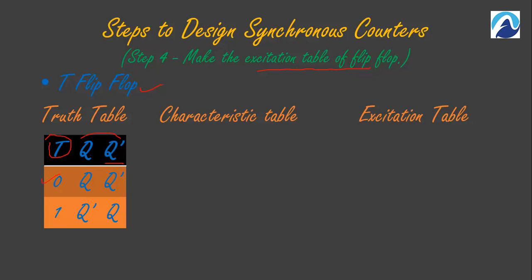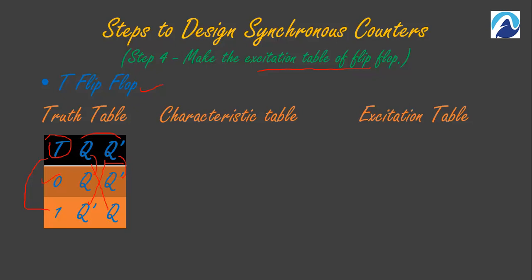It means the value of Q remains Q and the value of Q bar remains Q bar. There is no change. But if the T value becomes 1, then it is the toggle state of the T flip-flop. It means the value of Q becomes Q bar and the value of Q bar becomes Q. This is the toggle state.